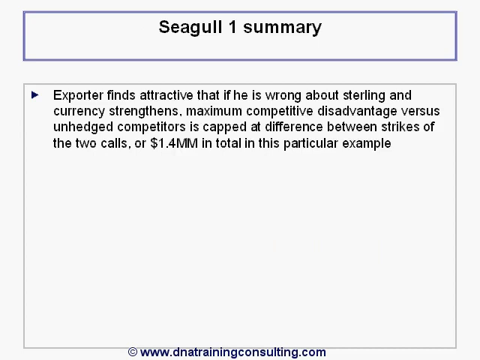In summary, the exporter who opts for this seagull solution finds attractive the fact that if he is wrong about sterling and the currency strengthens instead of weakening, his maximum competitive disadvantage versus unhedged competitors per unit of sterling exposure is capped at the difference between the strikes of the two calls, or $1.4 million in total in this particular example.